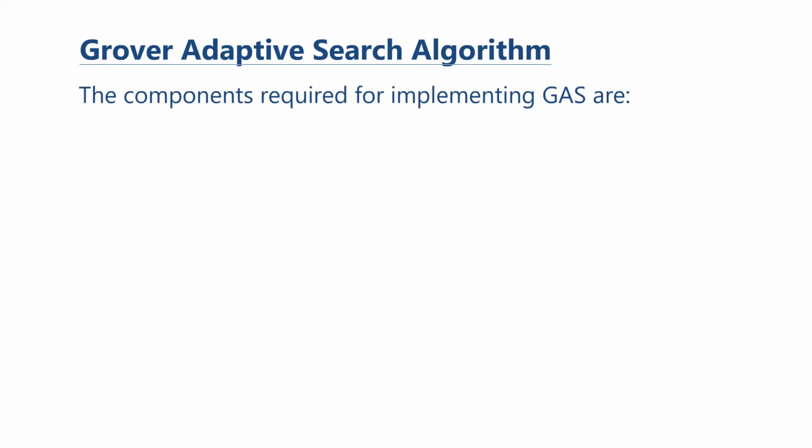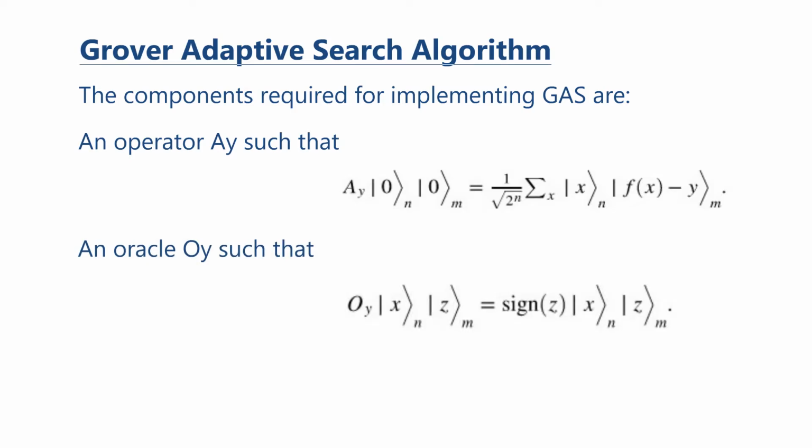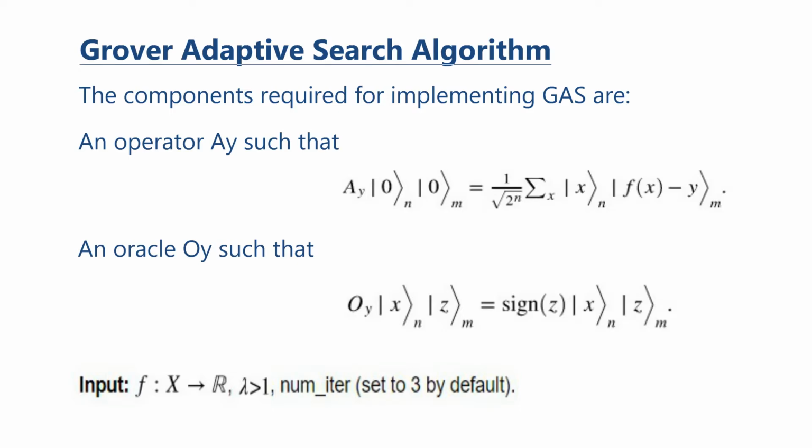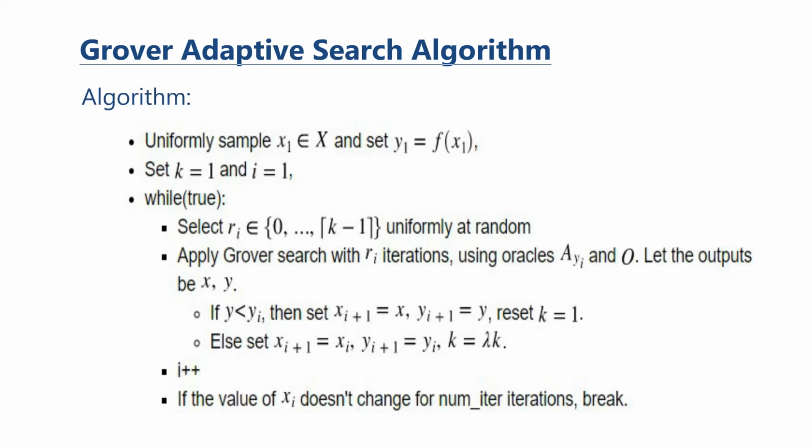The components required for implementing GAS are an operator A_y and an oracle O_y, for a function f from x to the real numbers, with lambda greater than 1 and num_iter set to 3 by default. Uniformly sample x1 from X and set y1 equals f(x1), set k equals 1 and i equals 1.